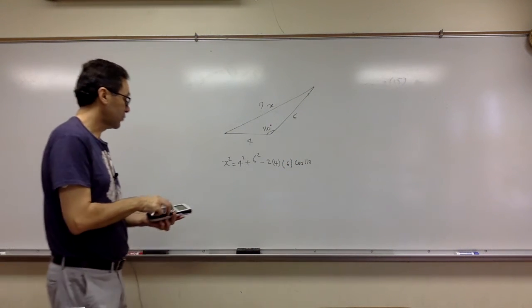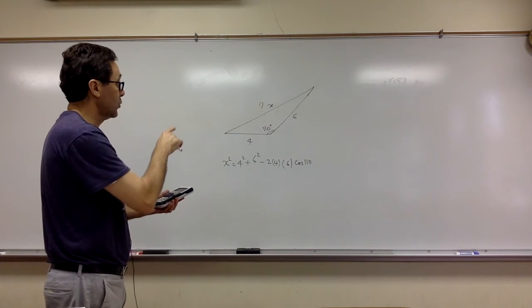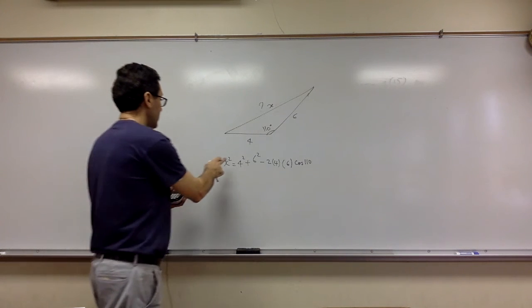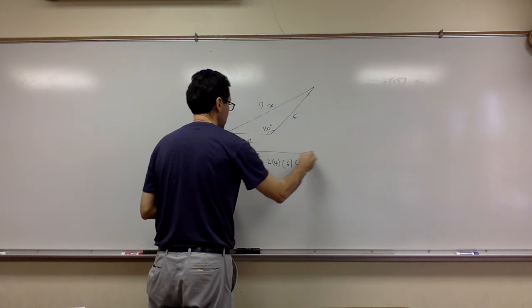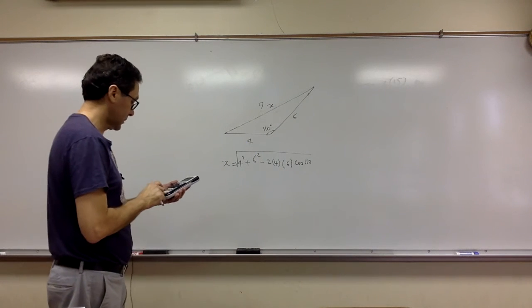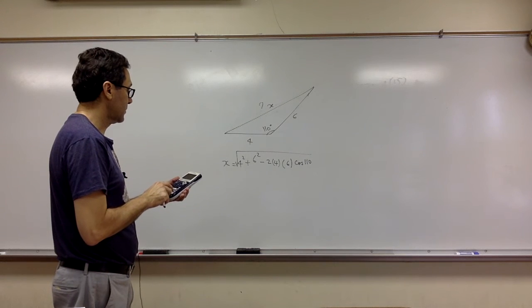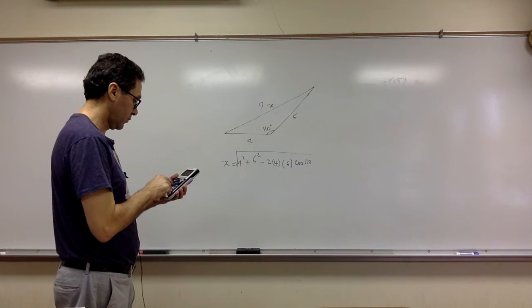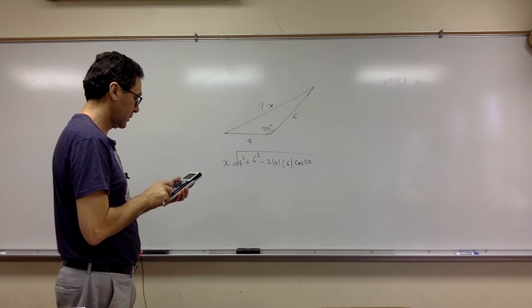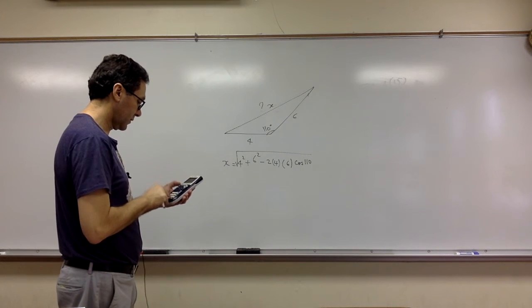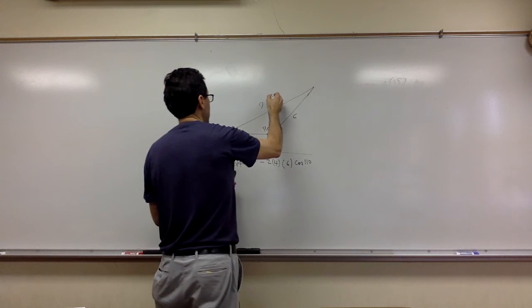Keep in mind that's going to give you the square of x, so you have to take the radical eventually. So basically, it should be 16 and 36 is 52 minus 48 cosine of 110. And we take the radical of that. So this leg here is 8.27.